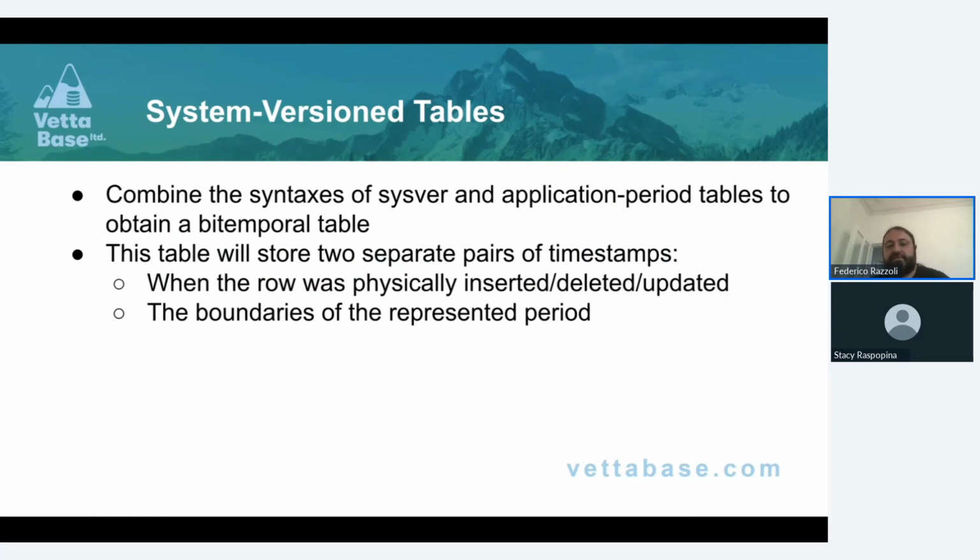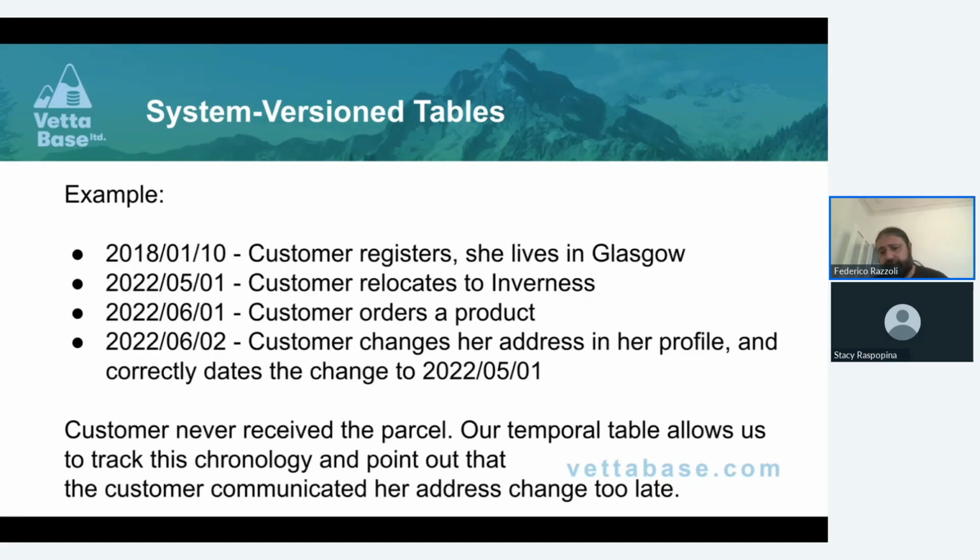A bitemporal table is a case where we have two timestamps to identify when the row was physically inserted, deleted, updated, and two different timestamps to identify time periods. Now, I won't show you any hands-on example, but just one slide.